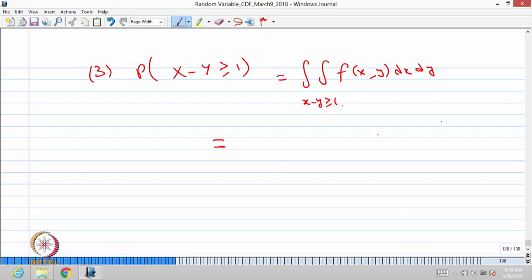That is same as the double integration. The joint probability density function is e power minus x with respect to x. The x range is from y plus 1 to infinity and the y range is from 0 to infinity.